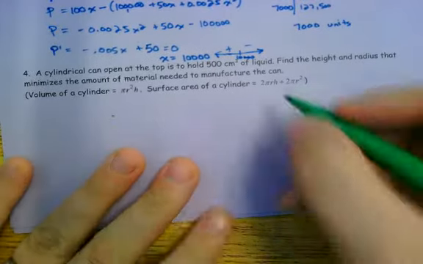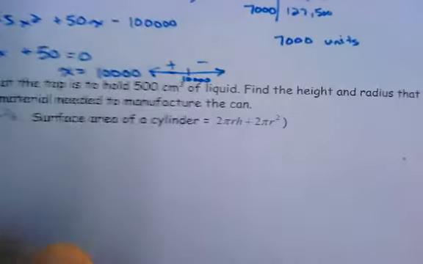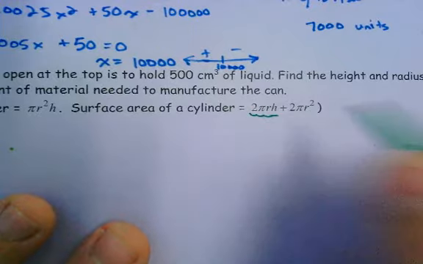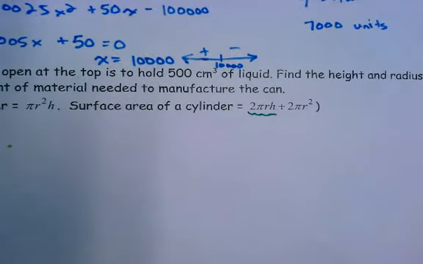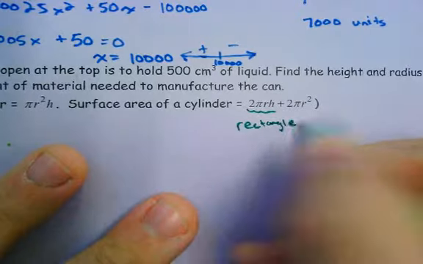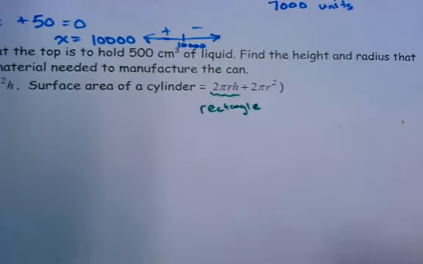So let's talk about this surface area of a cylinder. What does that 2 pi r h represent? It represents the rectangle if you unroll a can. And what else happens when you dismantle this can?